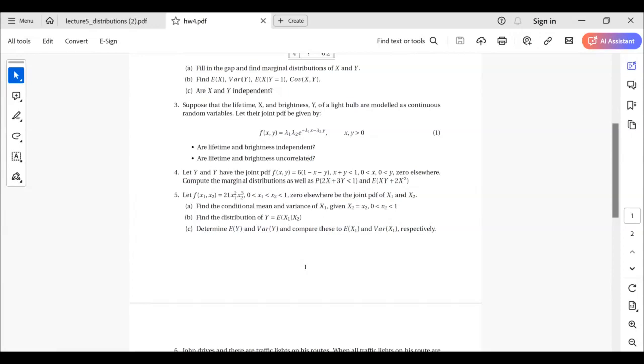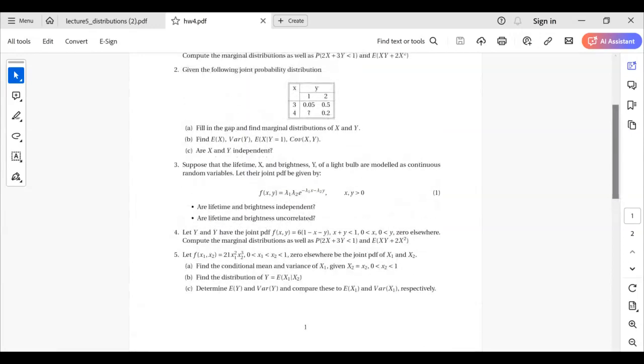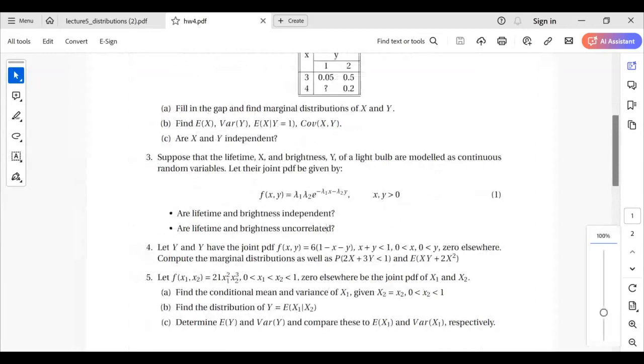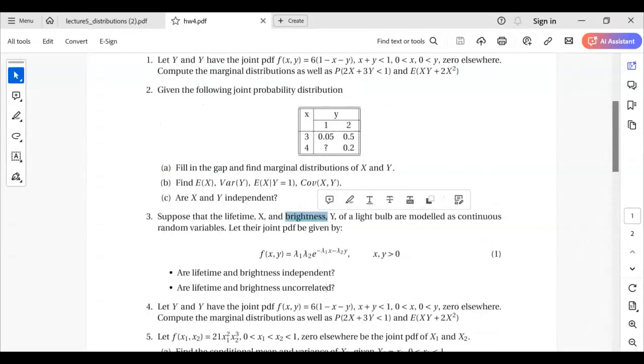Now let's look at this. So what is the problem here? Yeah, you have two random variables, x, which is lifetime, and y, which is brightness of a light bulb, and they are continuous. Their joint probability density function is this. Great, and both of them are positive. Obviously, lifetime should be positive, right?